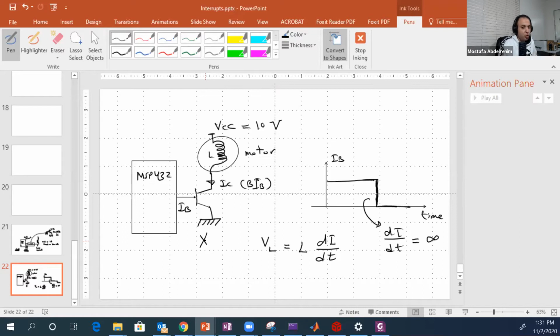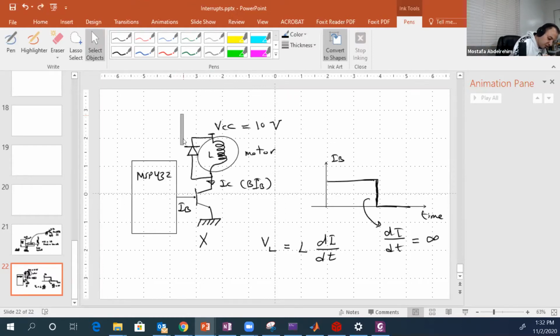Okay. So we need something to absorb such a change. And this actually is the diode. So this diode here, we will draw right now, will do that for us.